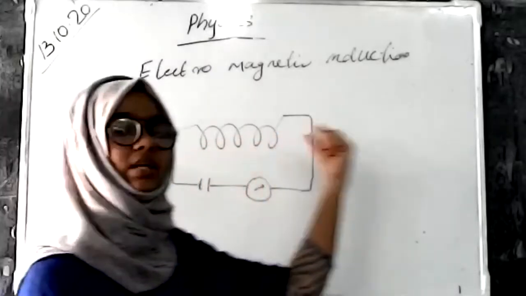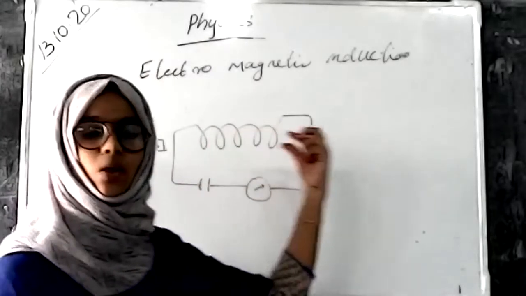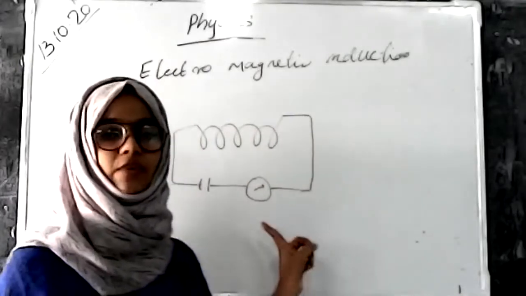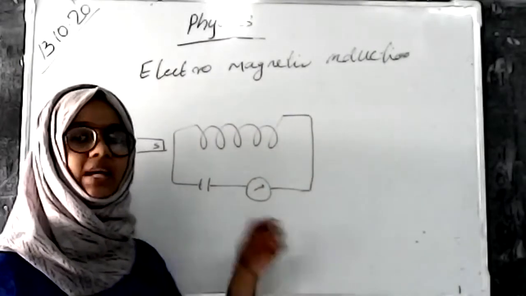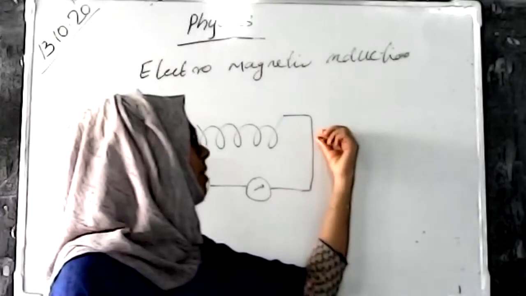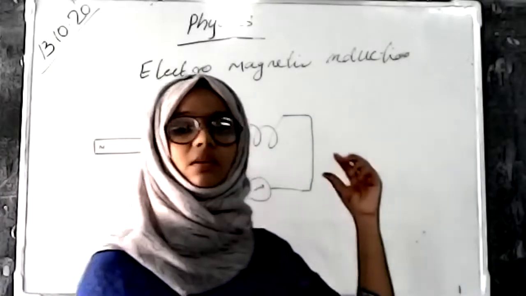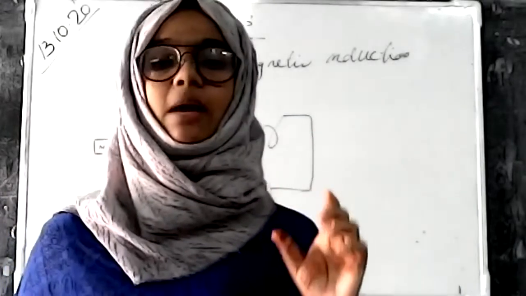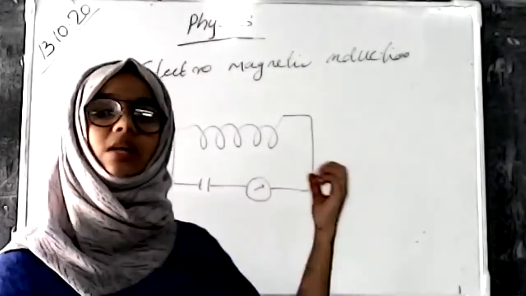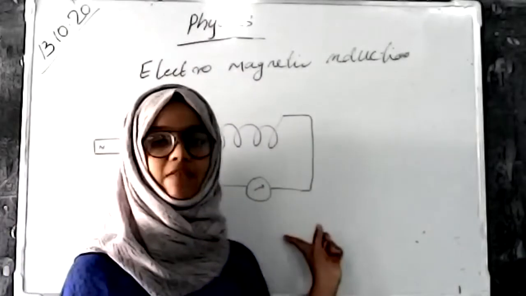When we move the magnet inside the solenoid, there is a deflection. And the last one, when we pull the bar magnet out from the solenoid, there is a deflection of the galvanometer.